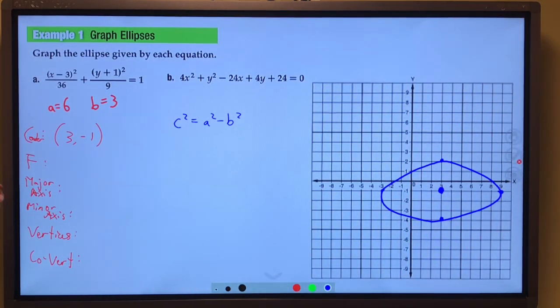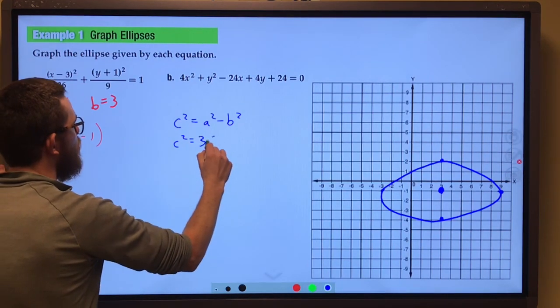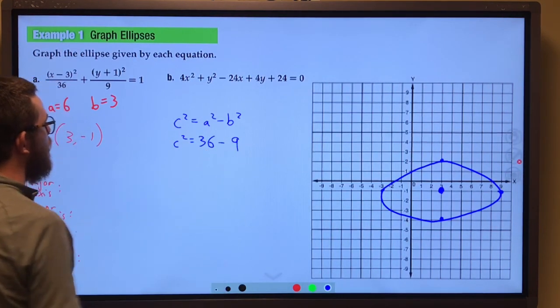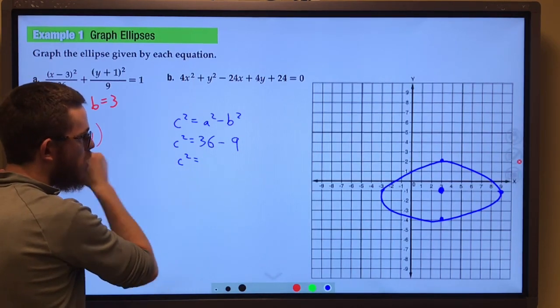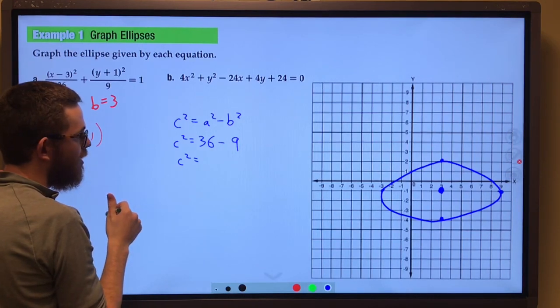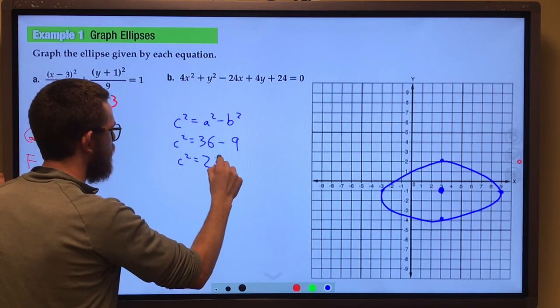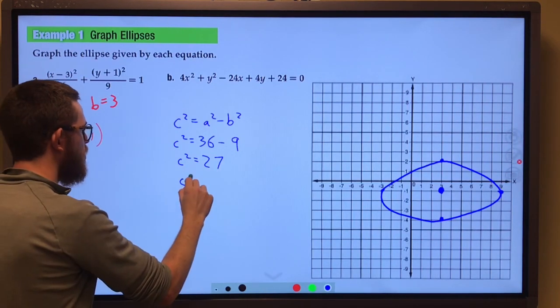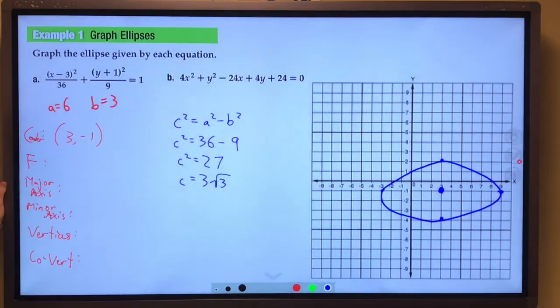And so that means C squared is going to be equal to 36 minus 9, and so C squared is equal to 27, and so C is equal to 3√3.